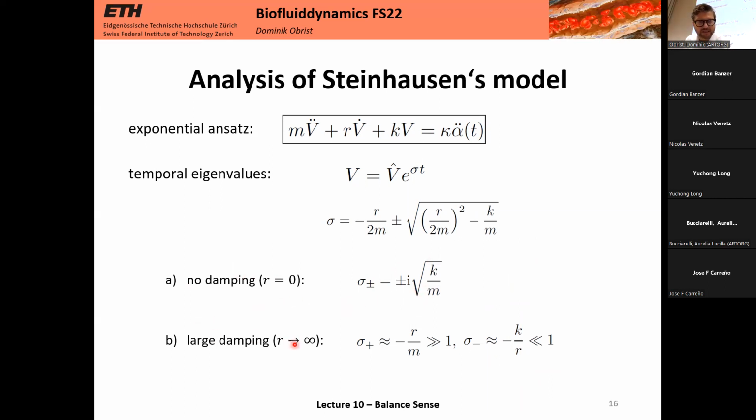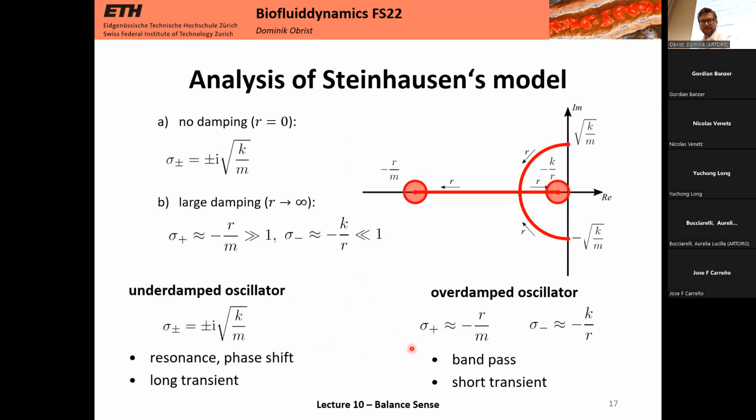Supercritical damping, large damping: we have two eigenvalues with different damping rates. Now, the solution is the semicircular canals are like overdamped oscillators, an overdamped pendulum.